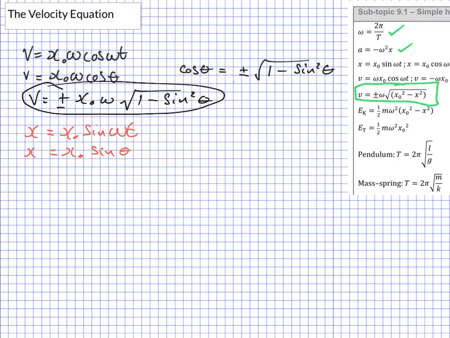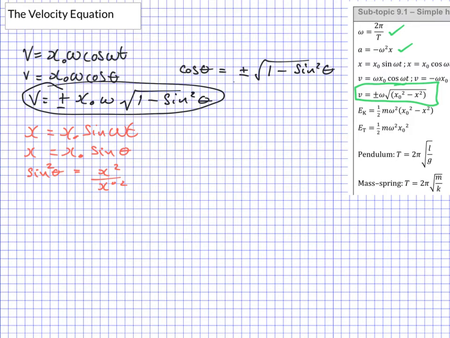Now we can rearrange this to solve for sine theta. So sine theta is equal to x over x naught. And now I'm going to square everything, which leaves me with a sine squared theta.